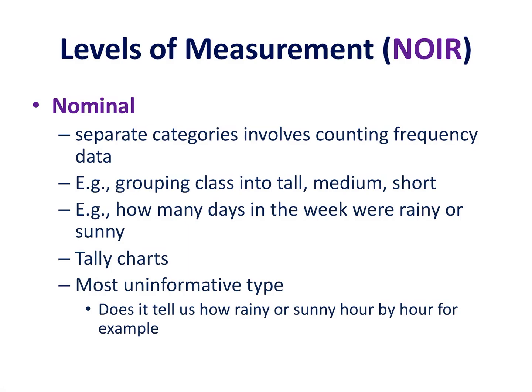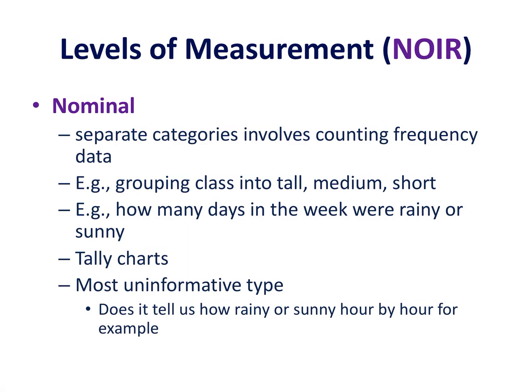If you've got nominal data within your data set, in terms of how you've collected it, it will be very apparent because you'll have separate categories in your data set. And for each of those categories, there will be a frequency. So imagine if I got all of you in my class to group yourself into tall, medium or short categories.